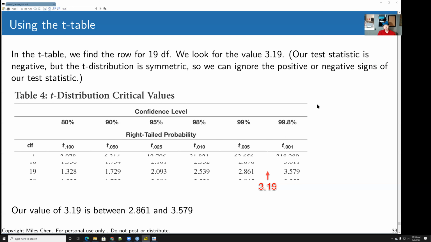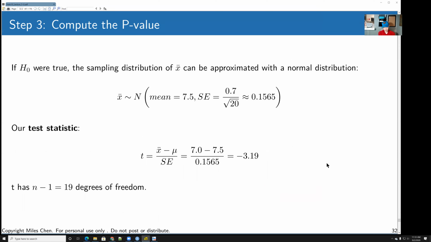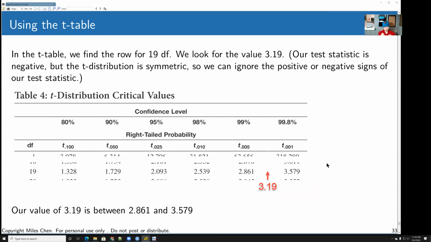The way it works is you ask, where would 3.19 fit in this row of numbers? 3.19 is in between 2.861 and 3.579.